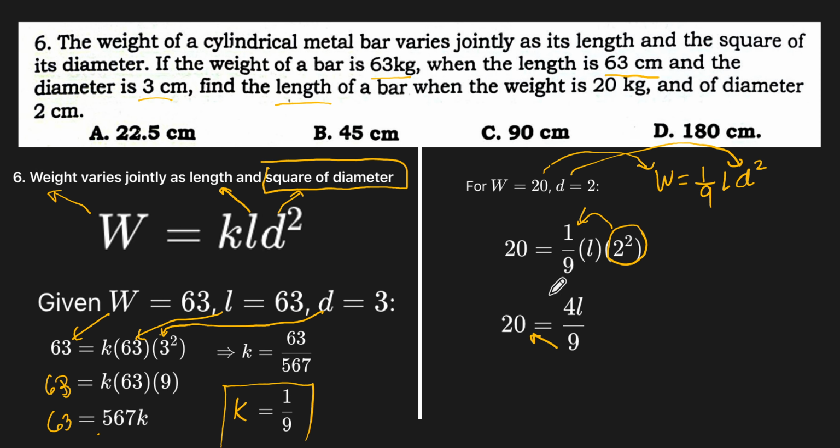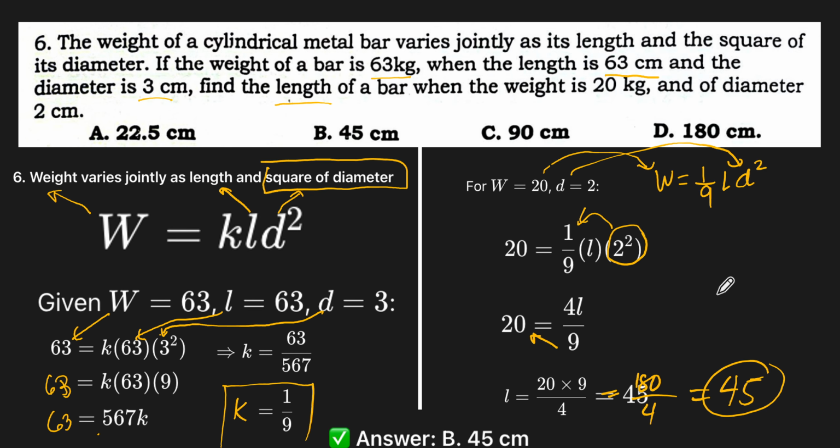So 20 times 9, giving us 180, I suppose. So 180 divided by 4 will give us, I think, 45 centimeters. Okay, and that is the final answer. Now, letter B would be our answer here.